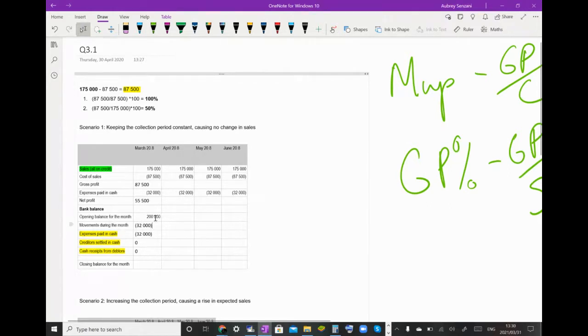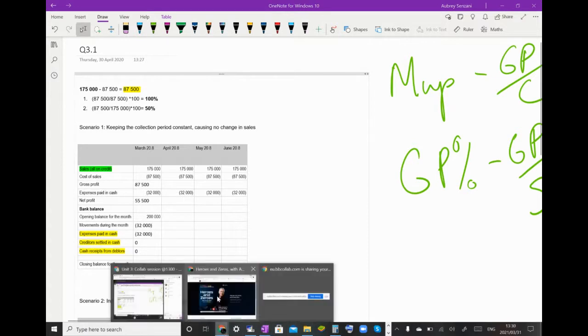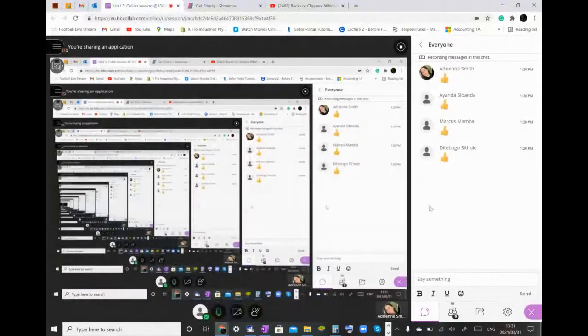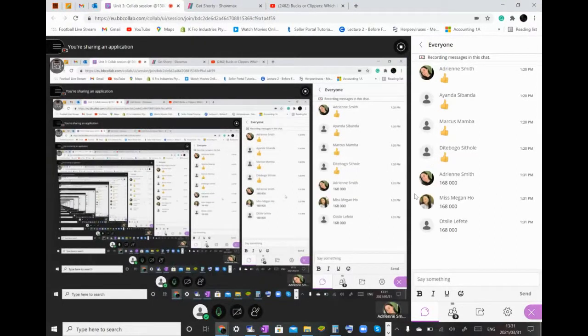When we now have the total on the movements, then we can deduct it from the 200,000. Somebody tell me in the chat, how much is 200,000 minus 32,000? Yes, 168,000.